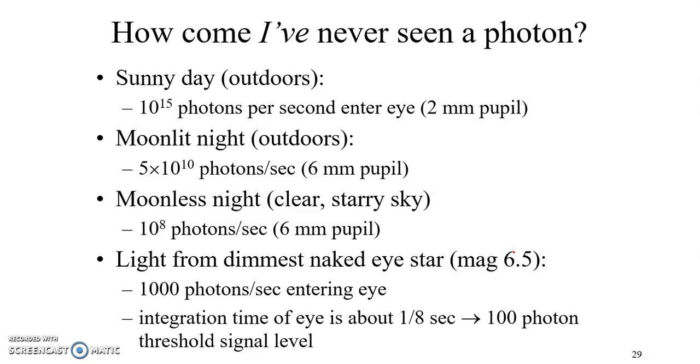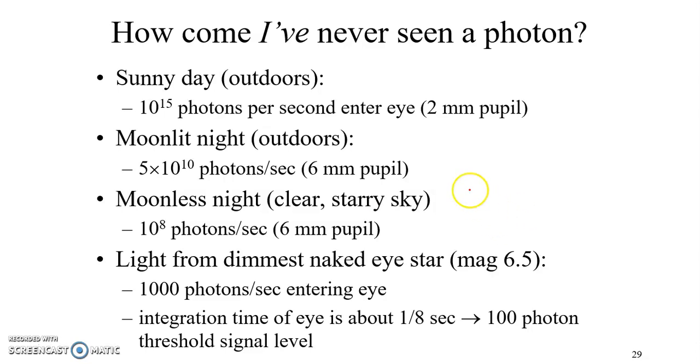So we may have a question: how come I have never seen a photon? It is because the size of the photon is too small. That's why we can't see it. However, we can sense it. For example, on a sunny day, we can feel it when our body touches the light, and then we can sense the energy like heat.